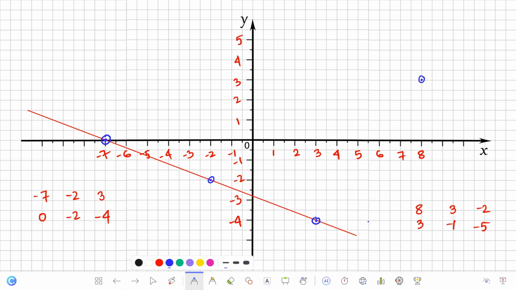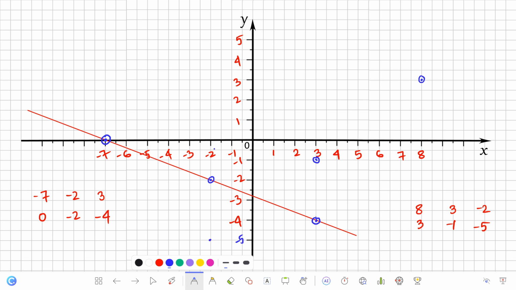Then 3 comma minus 1. So along the x-axis 3, y-axis minus 1 here. And the third point, minus 2, minus 5. So minus 2, and then I have to go to, this is minus 4, then this will be minus 5, right? Minus 5.